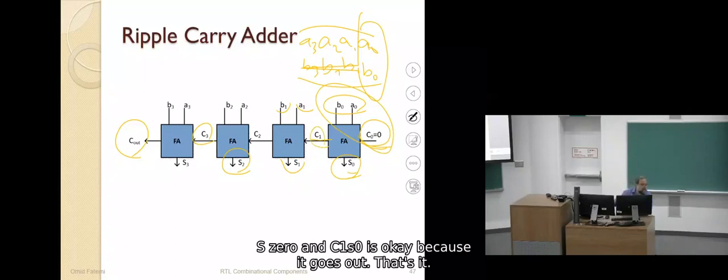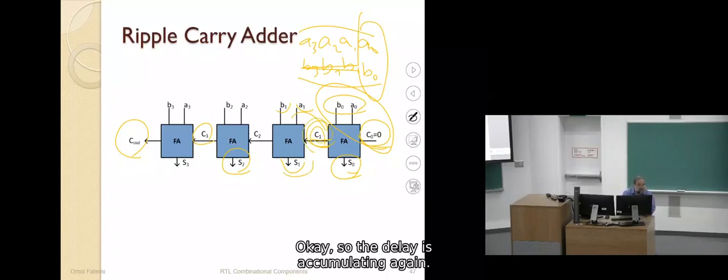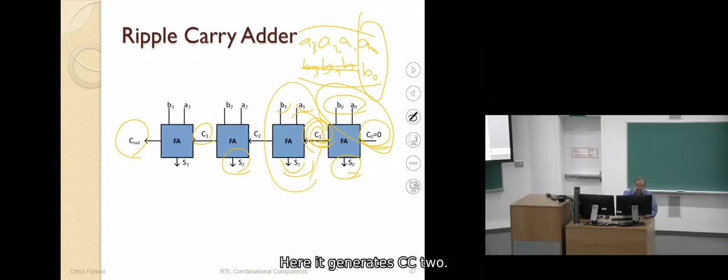S0 is okay because it goes out. That's it. But C1 goes to the next stage, and until C1 becomes ready, we cannot calculate S1. So S1 should wait for C1. Okay? So the delay is accumulating. Again, here it generates C2.